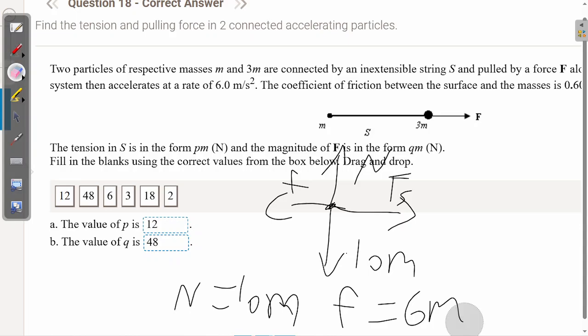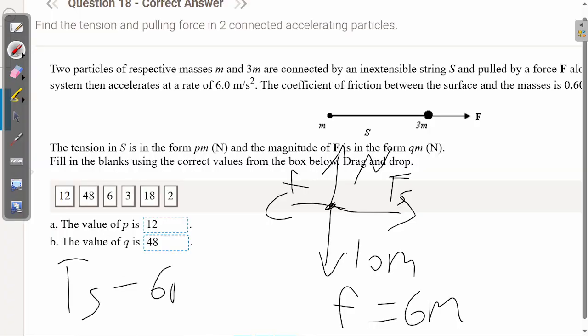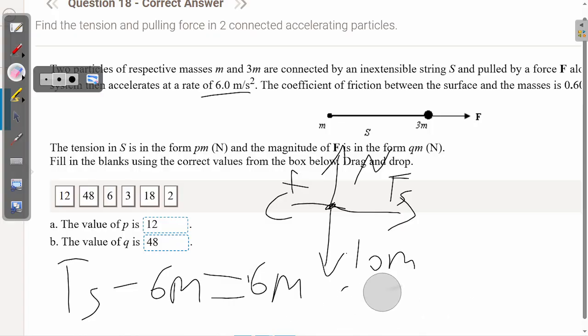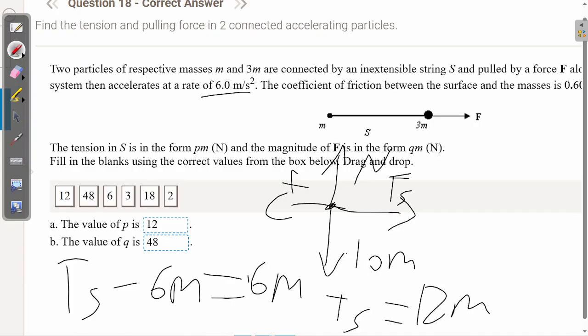Yes. Okay, so now we work with the horizontal. Ts minus 6m, the friction, is equal to ma, which is m times the acceleration 6, so 6m. So the tension is equal to 12m, which is what they want here. They say it's pm, so p is 12.